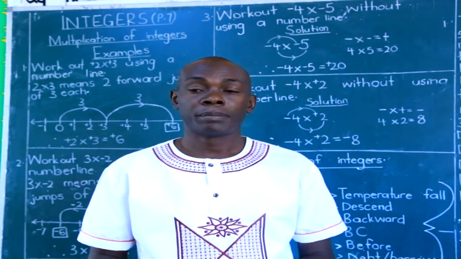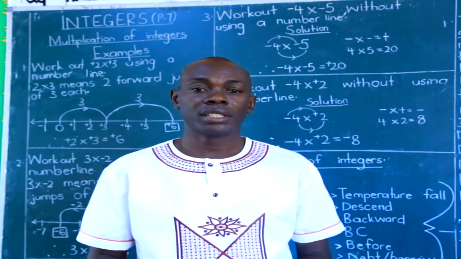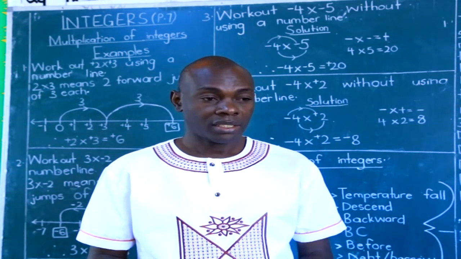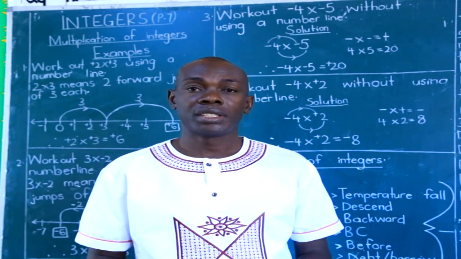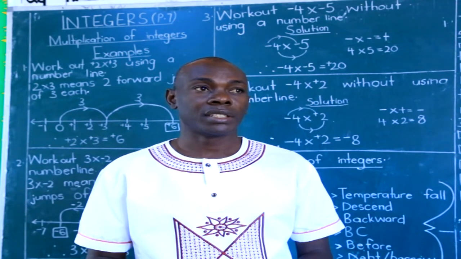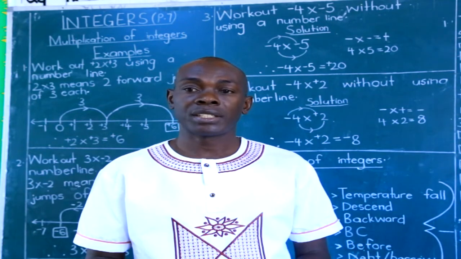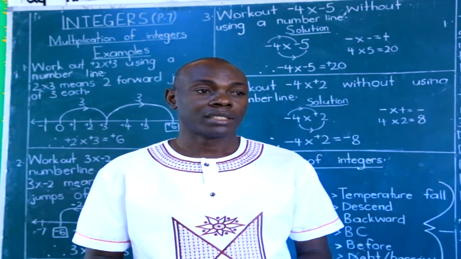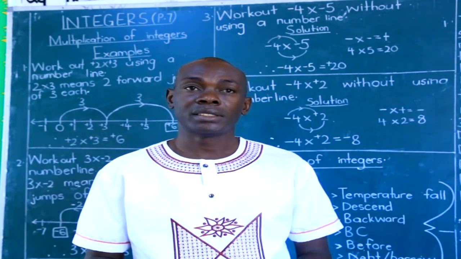In the previous lesson, we looked at integers, specifically how to add them using a number line and without using the number line, as well as subtracting them using a number line or without use of that number line.